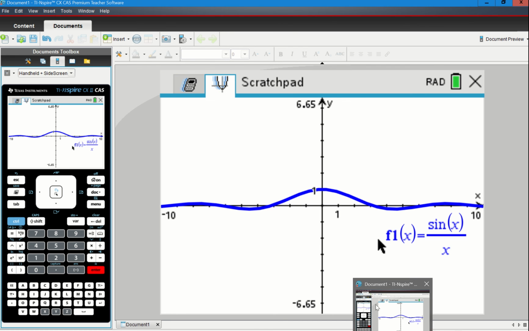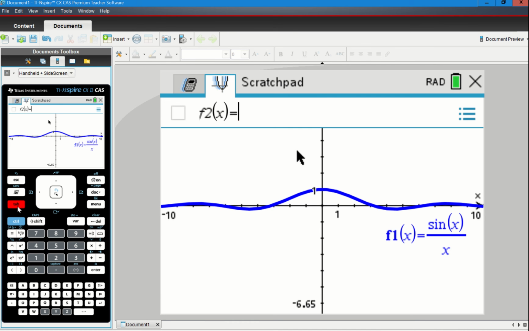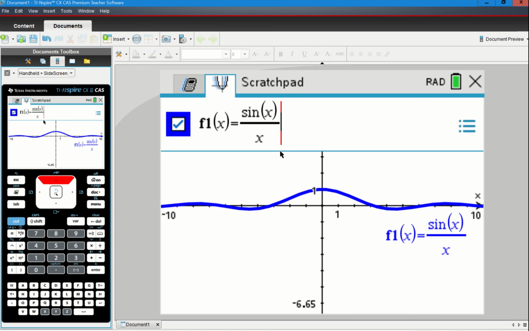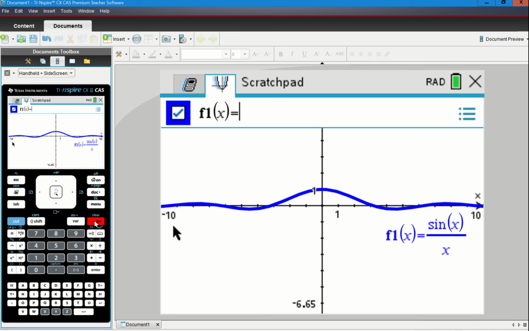A fast way to get to all of your entry points for entering in a function is you hit, I think it's tab. Yep. Now what I could do is I could call this f of 2 and enter in a new one and keep the old function there as well. But if I don't want a graph that's got more than one graph, I can go ahead and just arrow up, and then I can delete that graph.